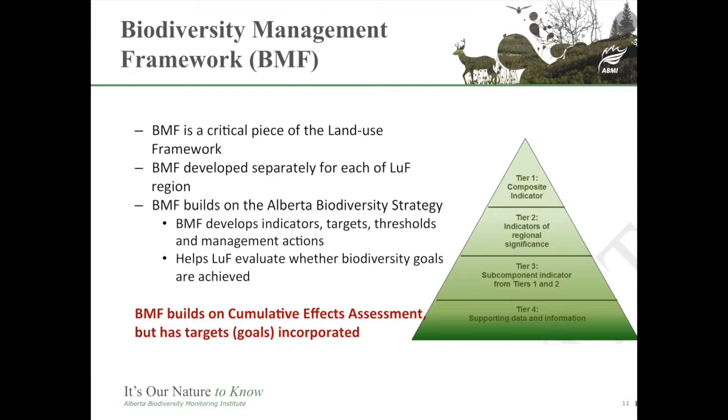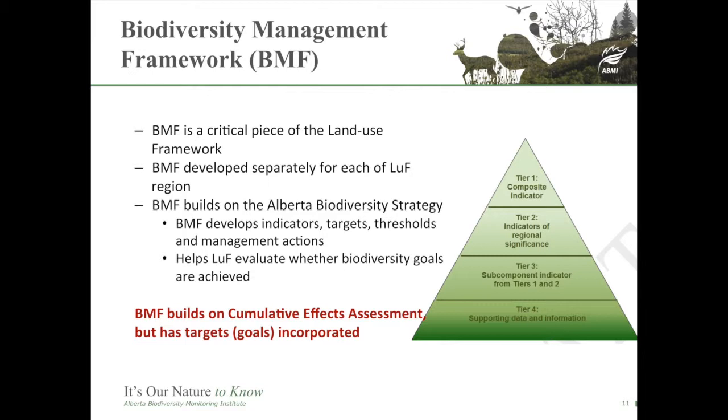What's different about the biodiversity management framework and the traditional cumulative effects assessment is that we still have indicators, but we also have targets, thresholds, and management strategies. Ordinarily, when we did cumulative effects, we assessed cumulative effects, but the setting of the targets, thresholds and triggers was an outside process. Those triggers and targets are now being built explicitly into the biodiversity management framework.